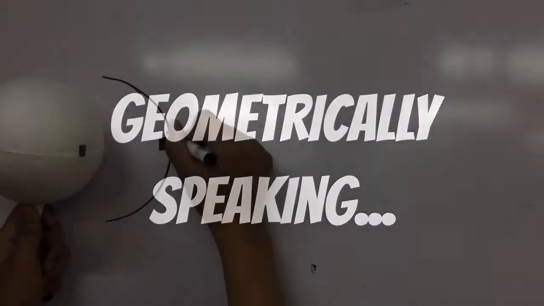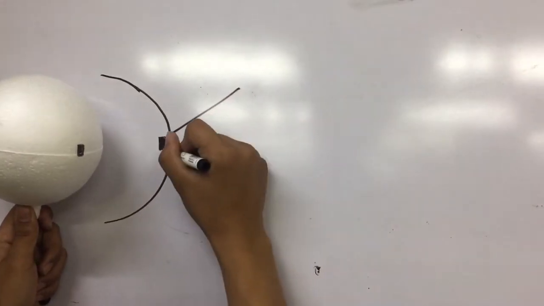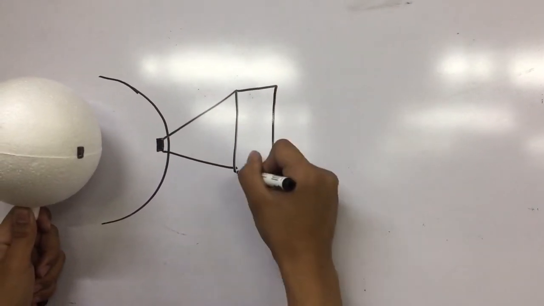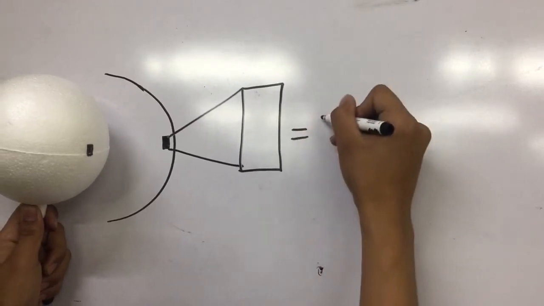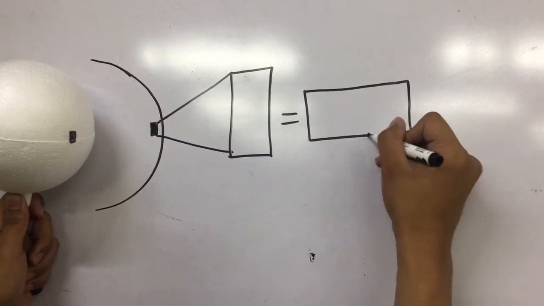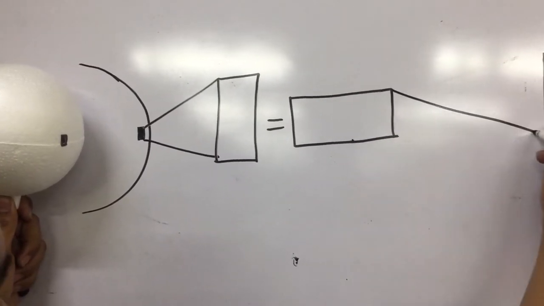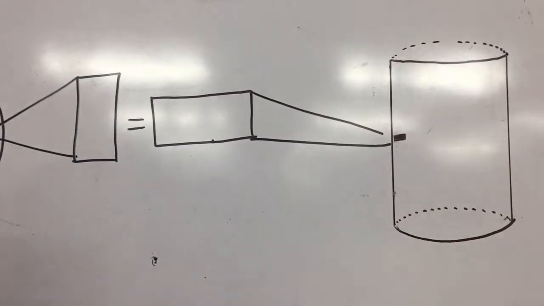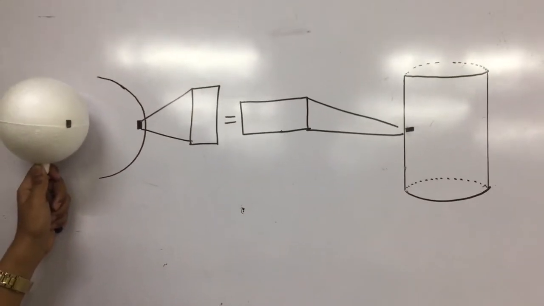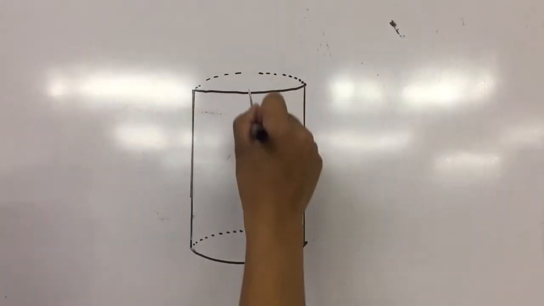Geometrically speaking, a sphere is composed of an infinite number of small vertical rectangles. When you project that rectangle and rotate it in a horizontal manner, you can create a cylinder that has no top and bottom cover, and its height is equal to the diameter of the sphere.